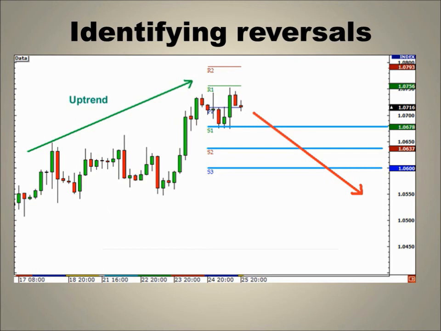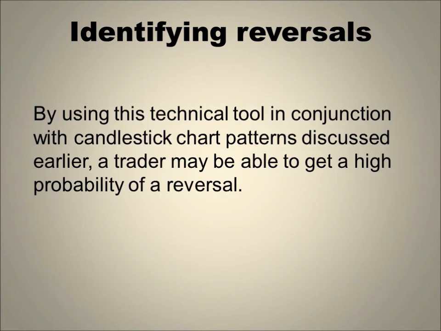Some of the candlesticks are above, some of the candlesticks are below. So we also have to guess what would happen. By using this technical tool, also with the candlestick charts, we can have a better understanding as to whether or not the market is about to reverse itself. So let's look at this chart right here.